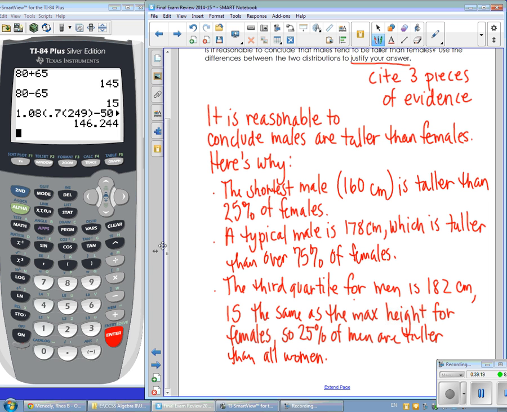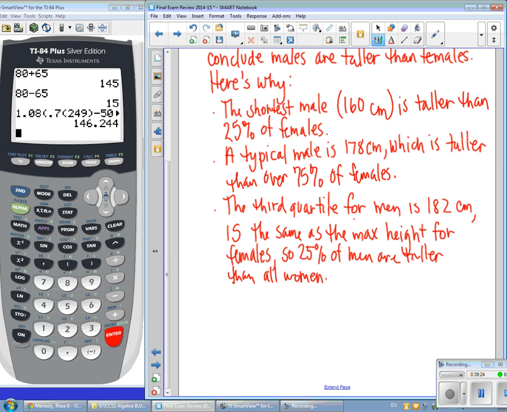Okay, and then with any written statement, you want to conclude it. So here are the reasons why. These are just some reasons why I'm concluding that men are taller than women.